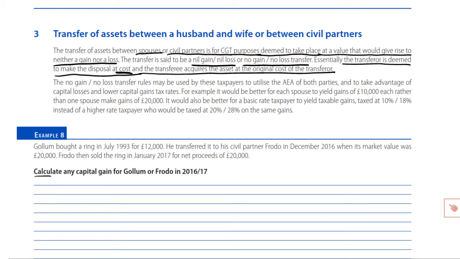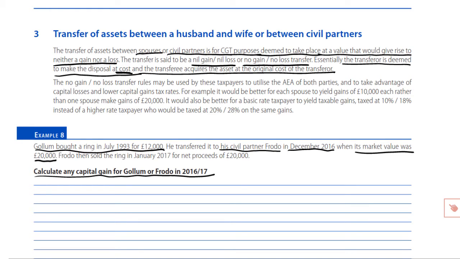So here, calculate any capital gain for Gollum, or Frodo indeed, in 2016-17, where we're told Gollum had bought a ring in July 93 for £12,000. Gollum transferred it to his civil partner Frodo in December 16, so in our 16-17 year, when its market value was £20,000.